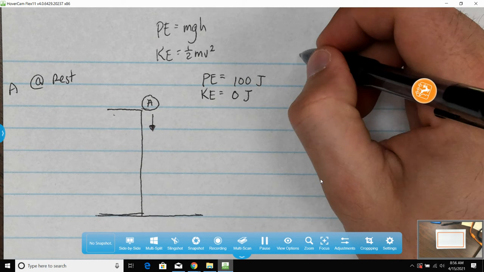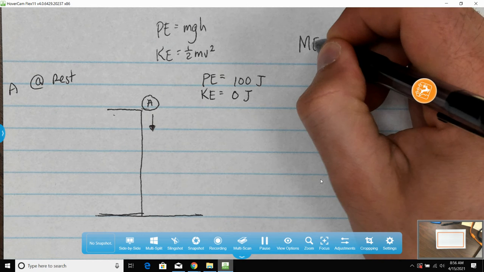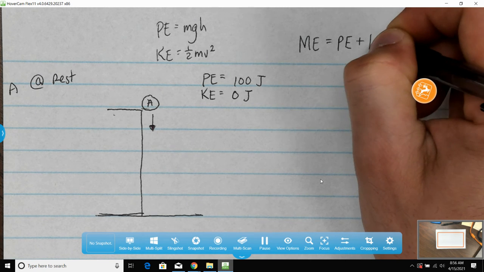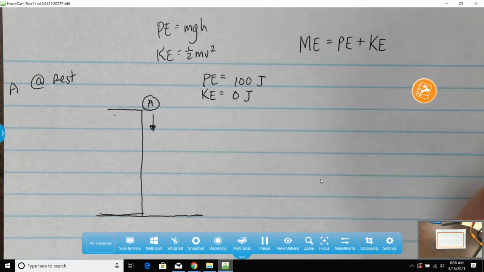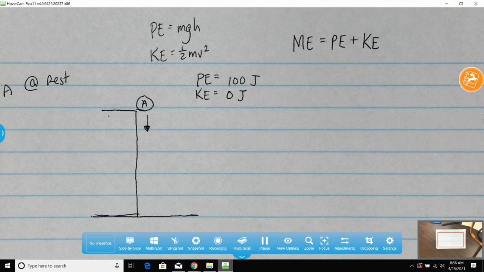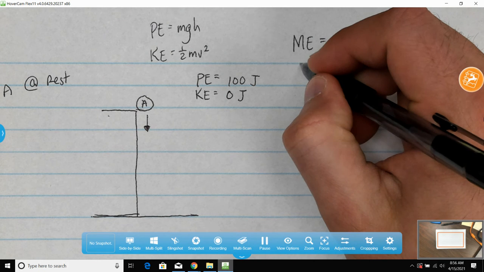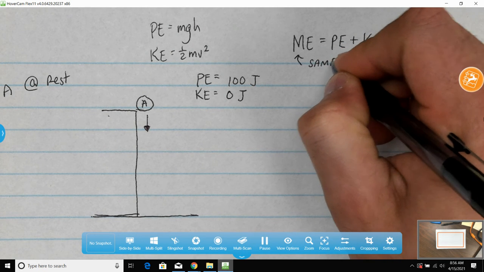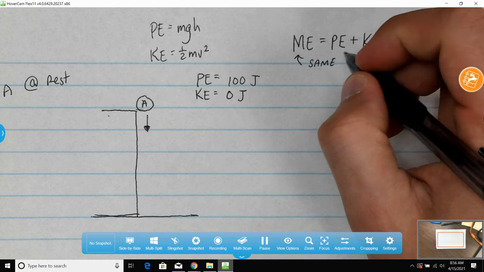So mechanical energy for a system, ME, is the sum of both potential and kinetic. So once you know what the mechanical energy is at one spot, it's the same for the whole system.